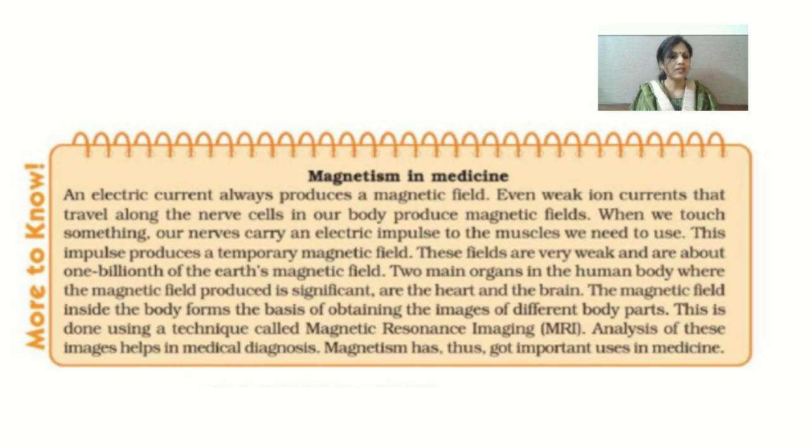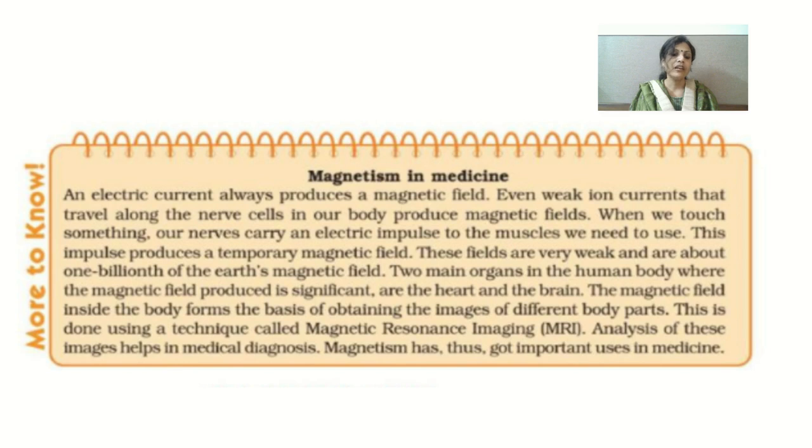This impulse produces a temporary magnetic field. Such fields are weak fields. The two main organs in our human body where the magnetic field produced is significant are the heart and brain.